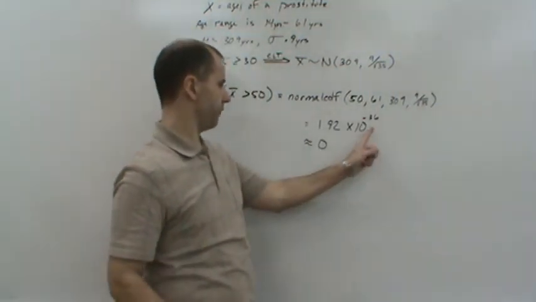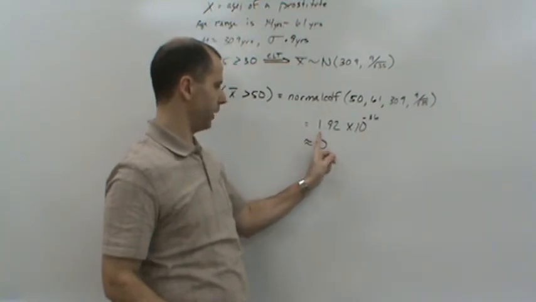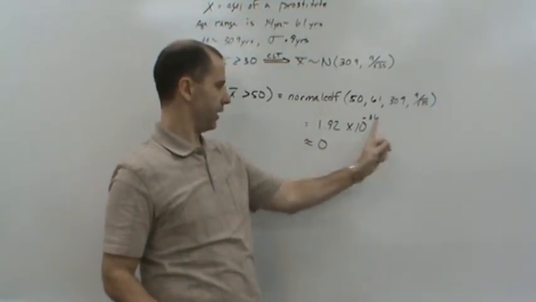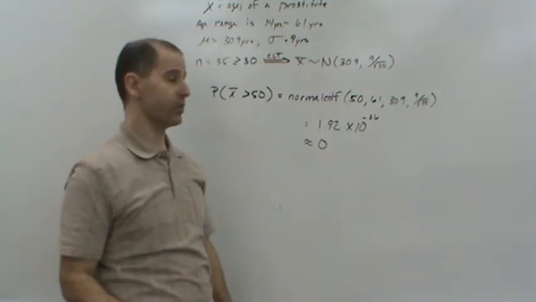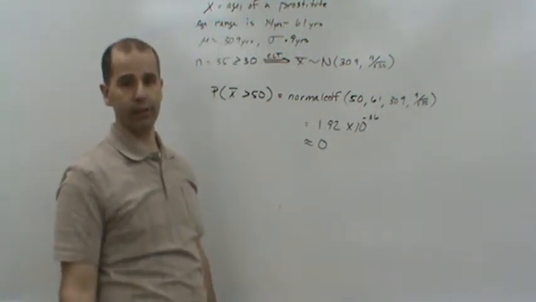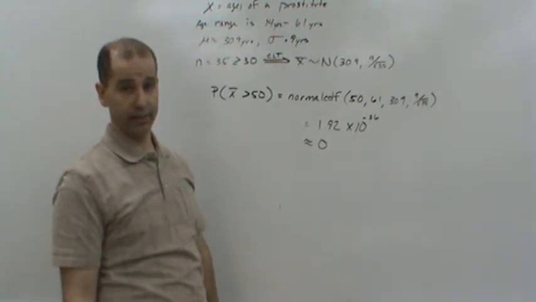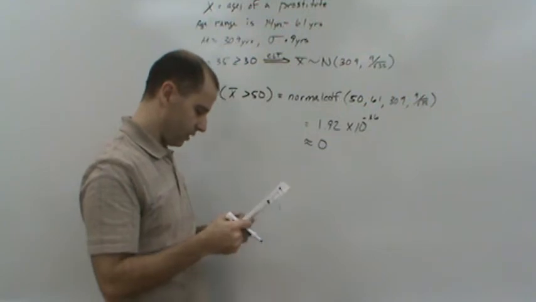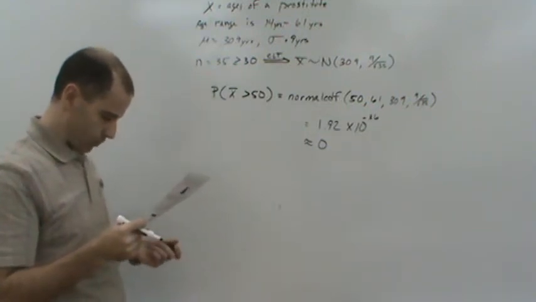So basically 0.35 zeros, and then 192. So very small number, essentially 0. So it's very, very unlikely that that would ever occur. Okay, so that's the answer to that question.